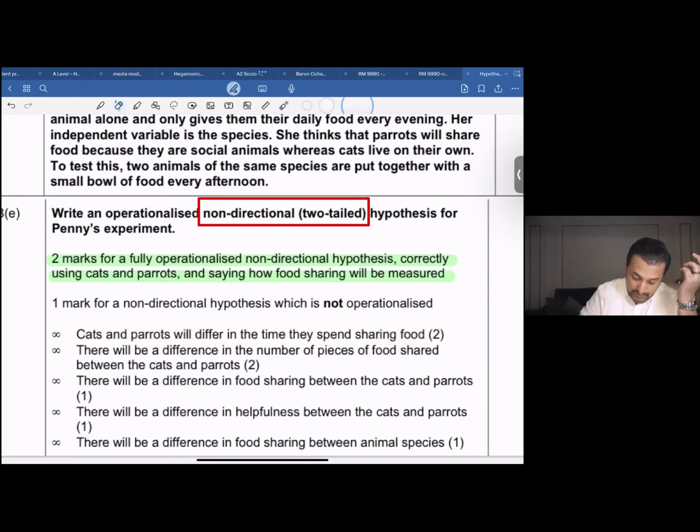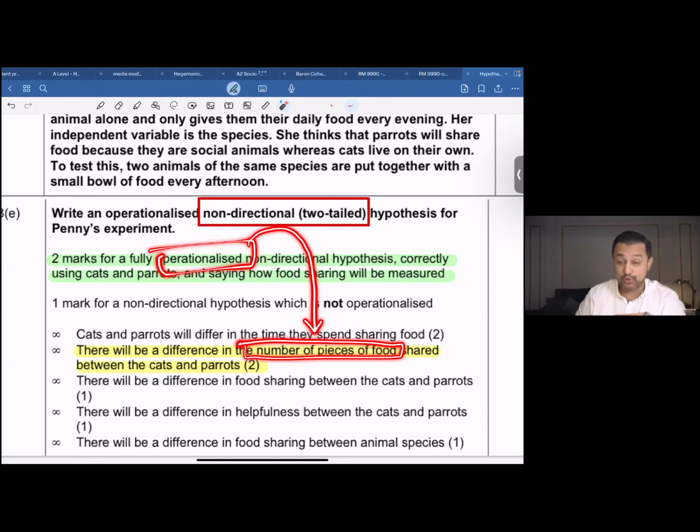Another example is there will be a difference in the number of pieces of food shared between the cats and parrots. Now, this is an example of operationalization. Even though I'm making this video to help you understand a hypothesis, because this came midway, you might as well understand operationalization too.